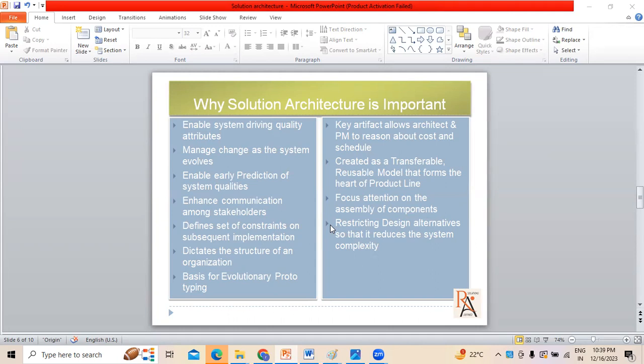But when it comes to solution architecture, it is the understanding of the requirements from the functional and non-functional point of view. Non-functional can be performance, load balancing, fault tolerance. Fault tolerance is a concept which you can connect with microservices also, because if there is any fault in a particular component, it won't affect the whole application.